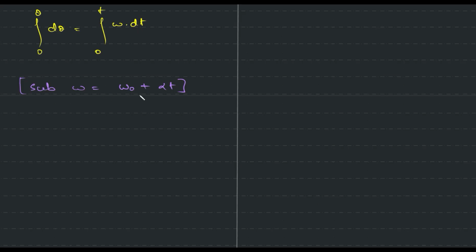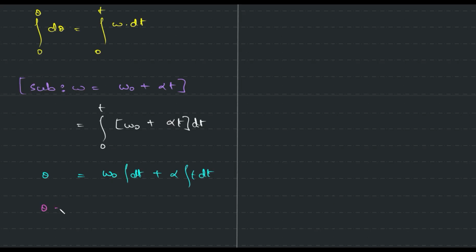Integrating this is quite simple because we have t as the variable. Since it has to be a single variable, we have to express omega in terms of t, and we can do it with this expression. So the integral of omega naught plus alpha t dt, right guys? If I open up the integration, this is theta, that's done. This is omega naught times the integration of dt, and this is alpha times the integration of t dt.